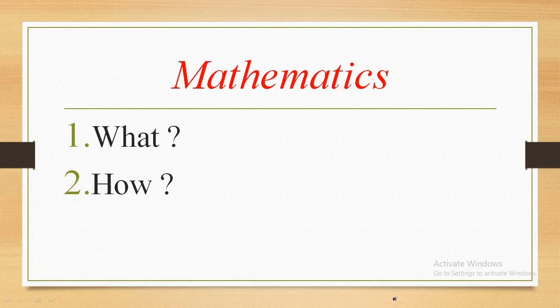If you know these two things, what and how, then easily we can solve any problem. But there is another word remaining, the third word, why. If you know why it happens, then mathematics is easier than any subject. So we should remember mathematics depends upon three words: what, how and why.